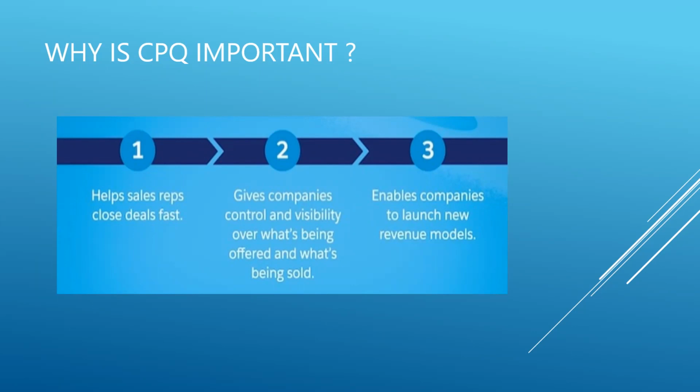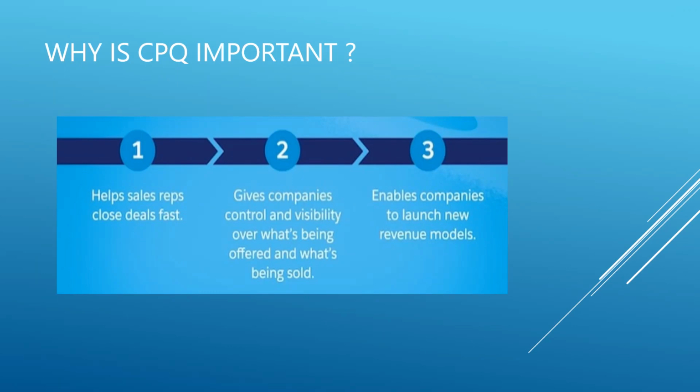The second thing is that sales reps can easily see what the company offers, what they are selling and not selling, what the customer is paying for, and what they are giving discounts for. That is easily visible in their quote documents.